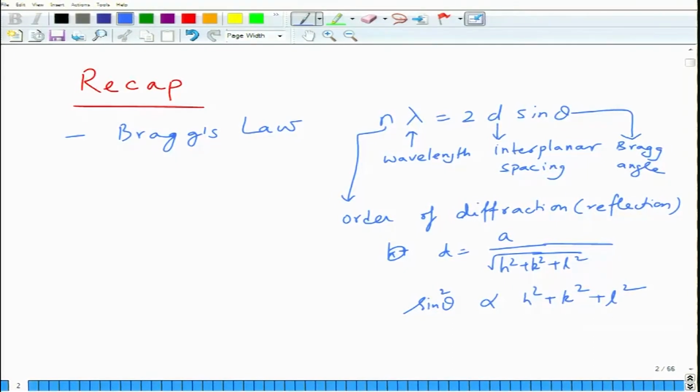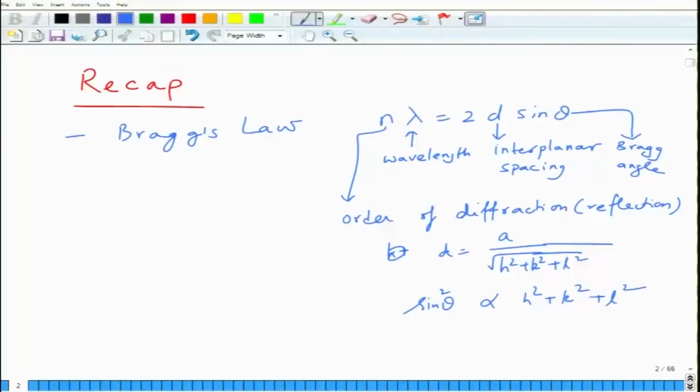In most cases, at least for powder diffraction, we take lambda to be constant, and n is the order of diffraction. If you have a diffracting peak for the 100 plane at, say, theta 1, then the 200 plane will diffract, whether imaginary or not, at an angle theta 2, which is higher than theta 1, because the 200 planar spacing is half of 100.